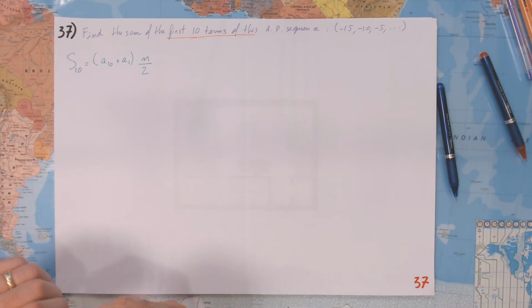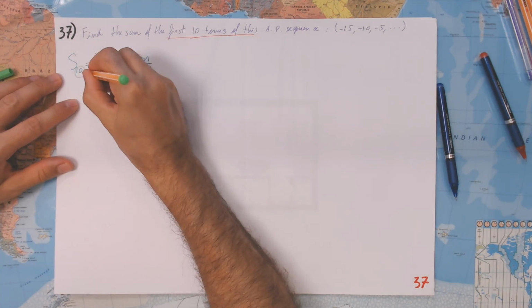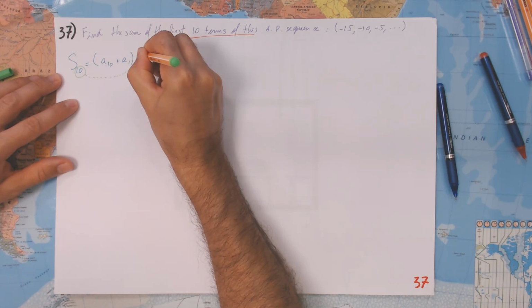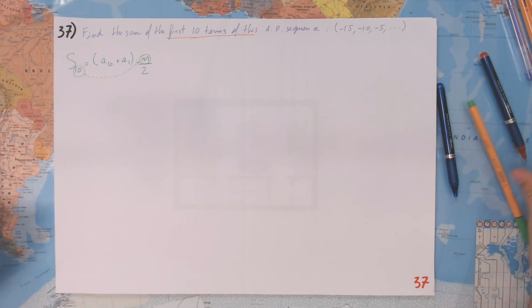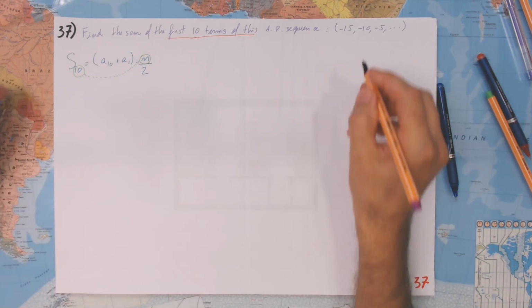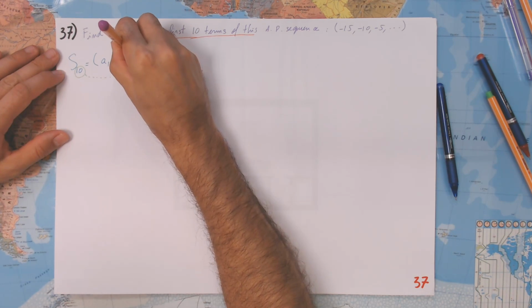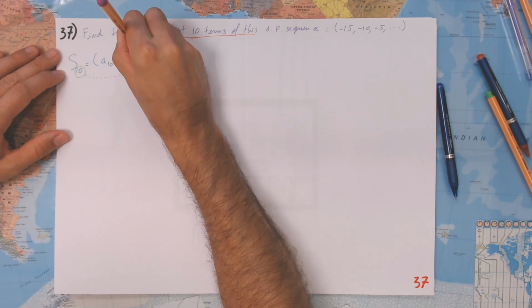Okay, so this one, it is this one. What is a1? A1 is given, it is minus 15.